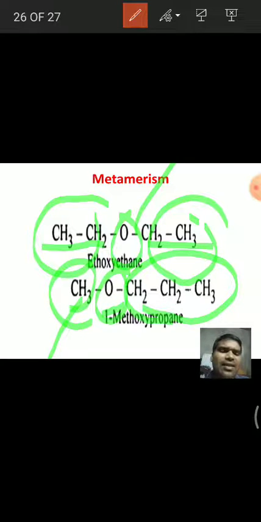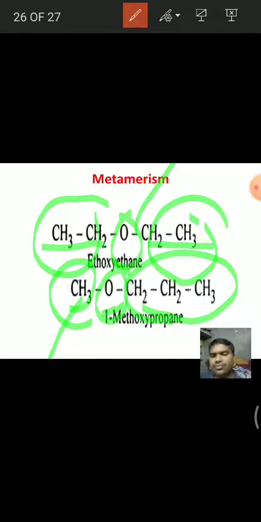That means these are isomers having the same functional group, but the difference is in the alkyl groups attached to the oxygen of the ether. Hence these are called metamers. Metamers are the isomers in which the difference is in the alkyl groups attached to a functional group. Okay, this is about metamerism.